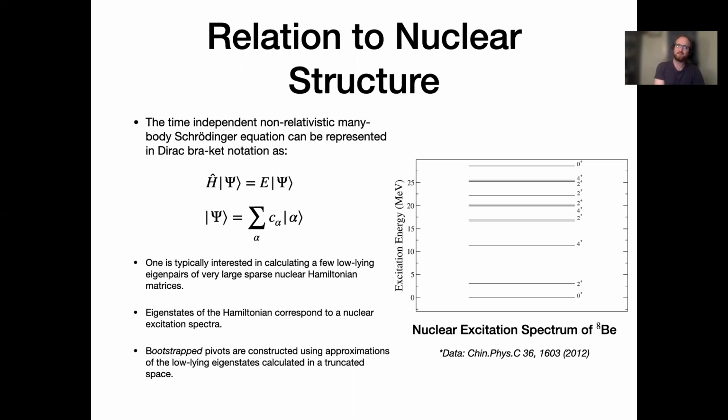These extremal eigenstates correspond to low-lying nuclear excitation spectra, as you can see in the plot of 8 beryllium to the right. And if there's a strong overlap between our approximate eigenvectors in the pivot block and the eigenstates in the full space, one sees substantial improvements in the time to solution of block Lanczos through the reduction of Lanczos iterations.